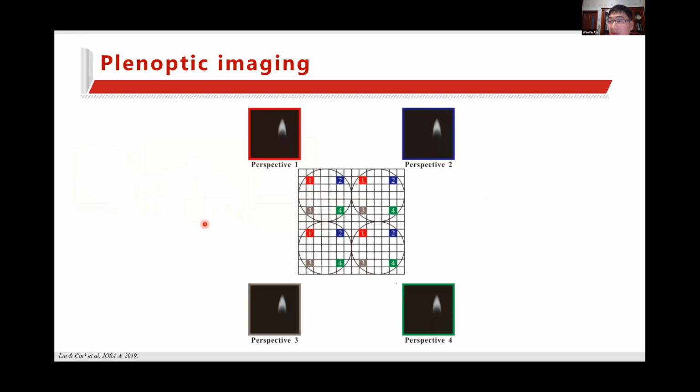Let's take one step back to see how we can first extract the projections from one single plenoptic image. The principle is like this. Here is the plenoptic camera. The pixels are the sensor, and the circles are the micro lenses. For each pixel behind a micro lens, for example, we labeled one here: the first pixel here, the first pixel here, and the first pixel here.